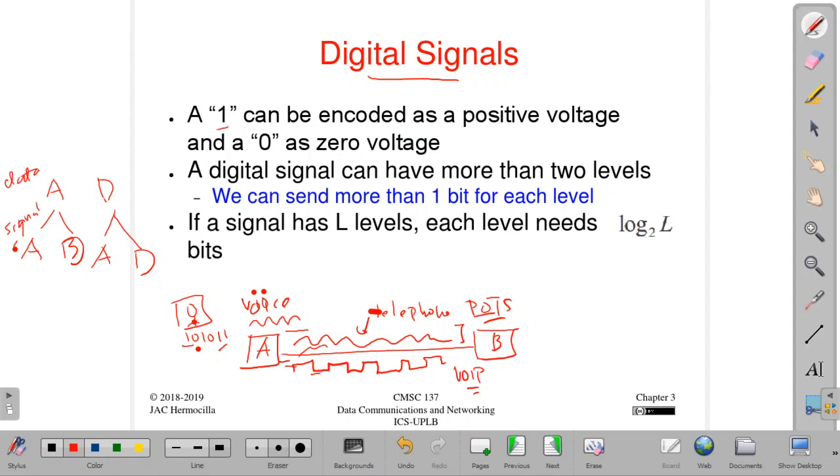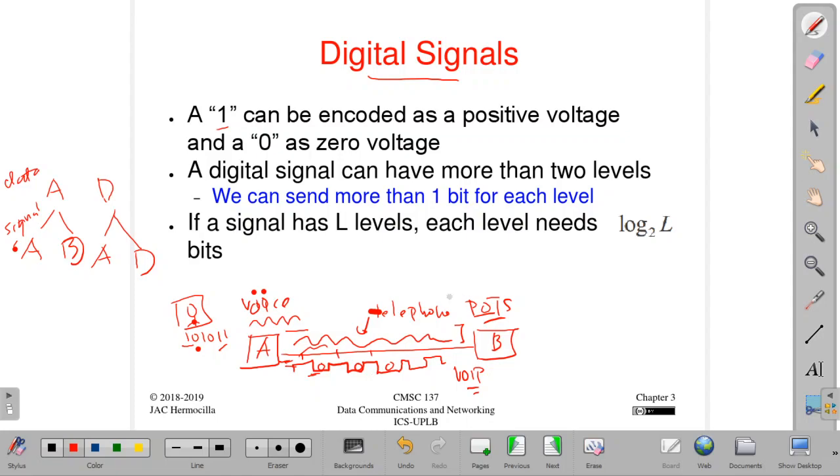A digital signal can have more than 2 levels, and if you only have 2 levels, positive and negative, then we can send only 1 bit per signal, because this one will represent 1, 0, 1, 0, 1, 0, etc.